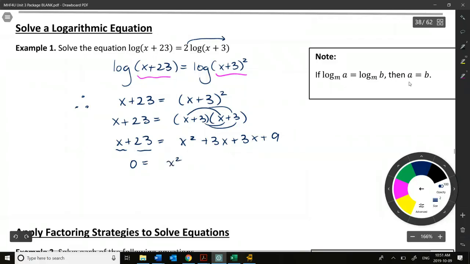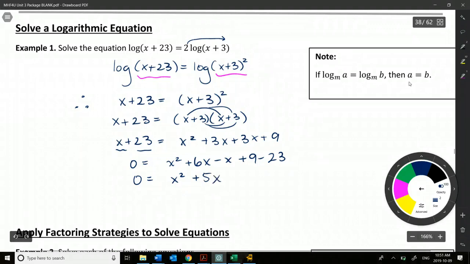So bringing over the x becomes negative x, and bringing over the 23 becomes negative 23. And then we're just simplifying a little bit here. What's that, negative 14, I think?